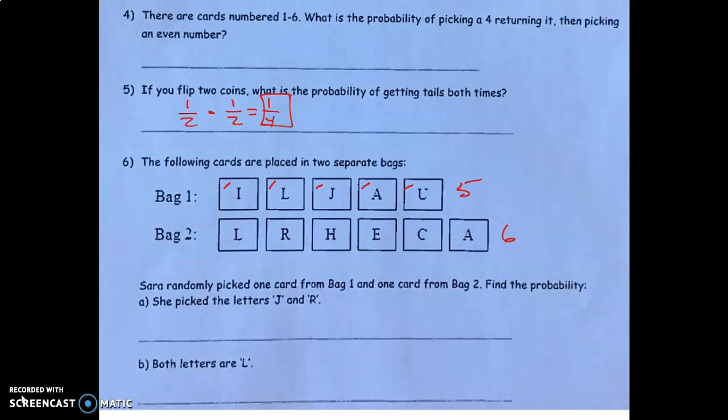Okay? So she picked the letters J and R. Well, bag 1 only has one J, so that is 1 out of 5. And then you would multiply that. Bag 2, she picks the letter R, so that is 1 out of 6. And then just multiply them. 1 times 1 is 1, 5 times 6 is 30.